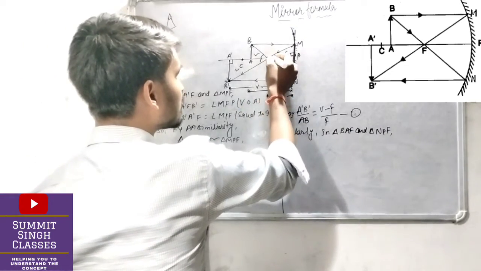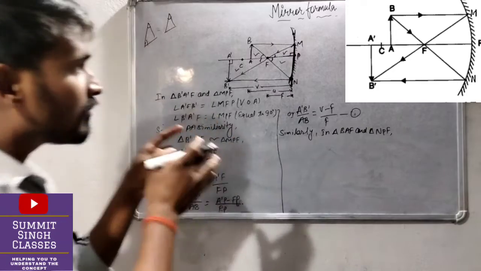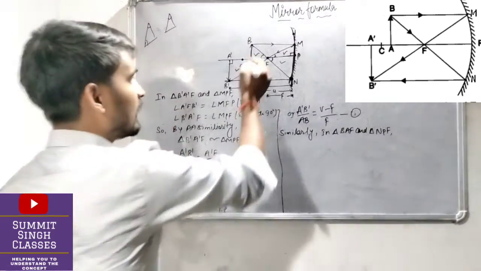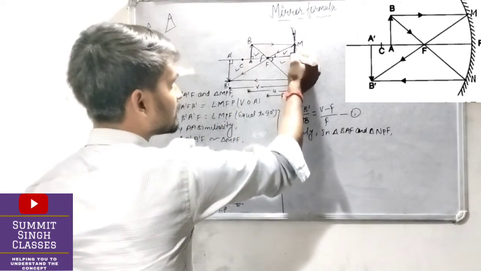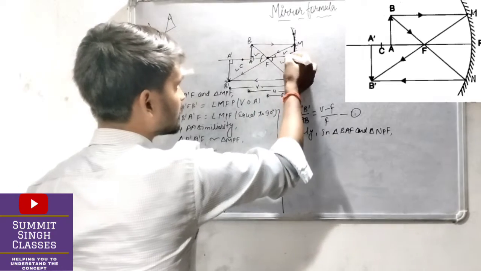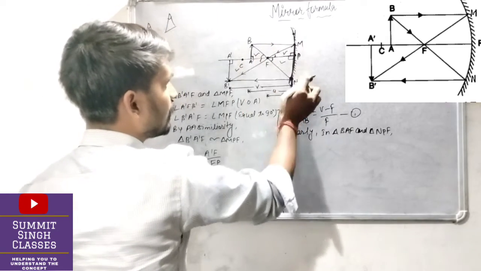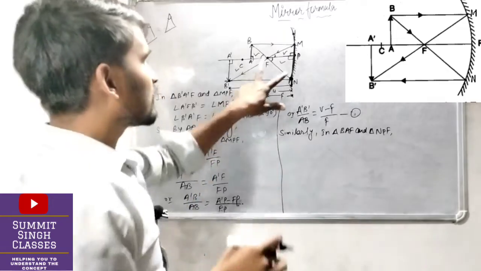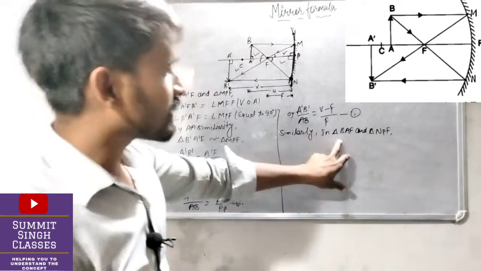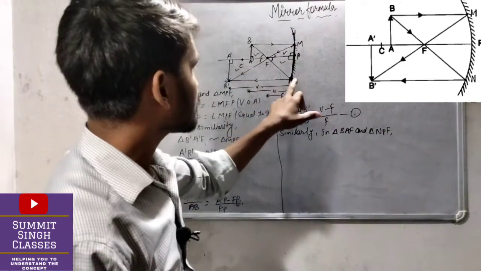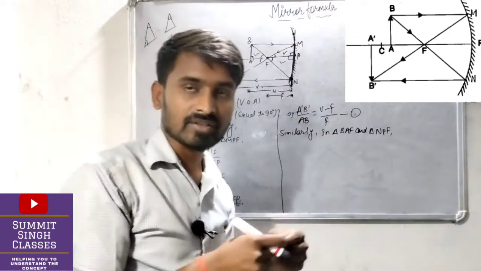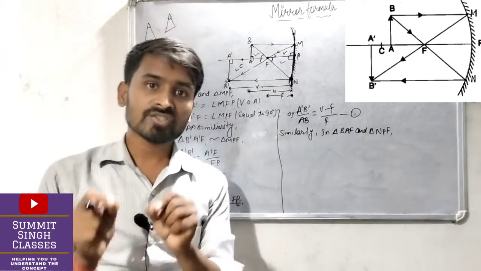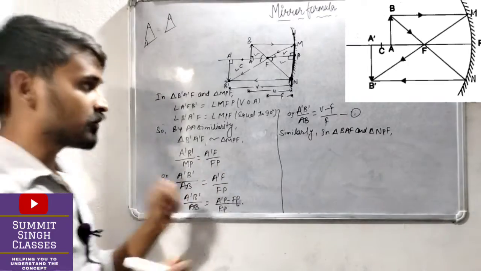These two angles, the vertically opposite angles, are equal, and this angle remains 90 degrees. This angle will be equal to this angle, that means angle BAF will be equal to angle NPF. So these two triangles, triangle BAF and triangle NPF, are also similar to each other by the angle property.